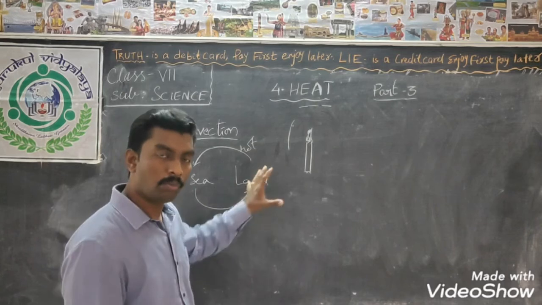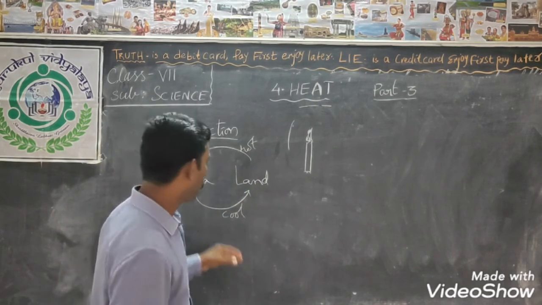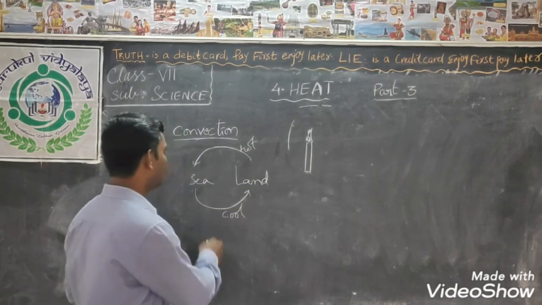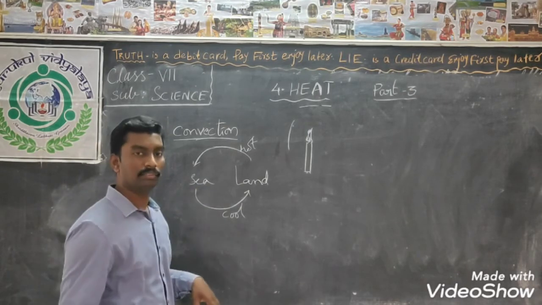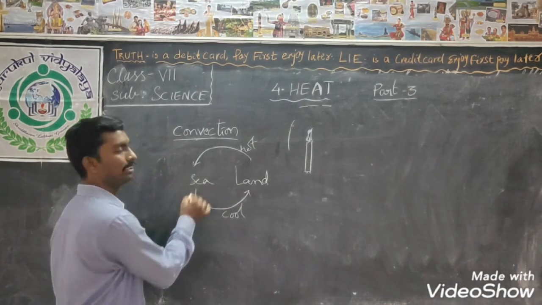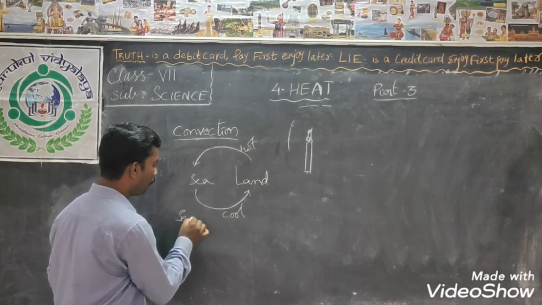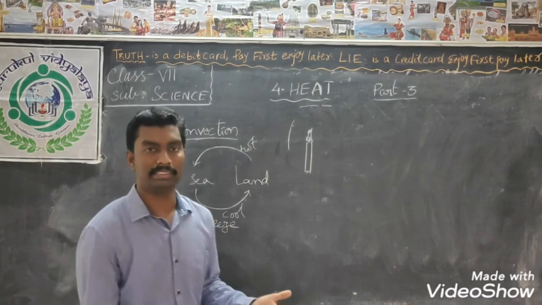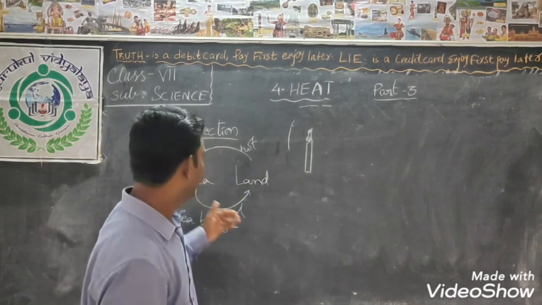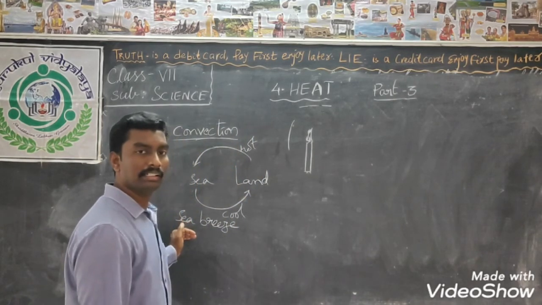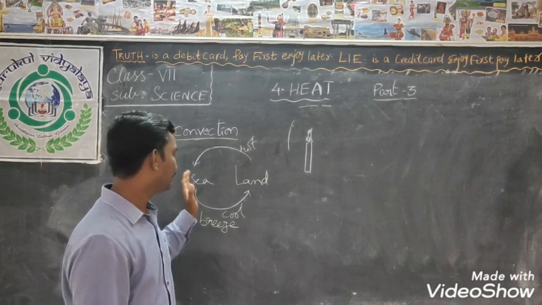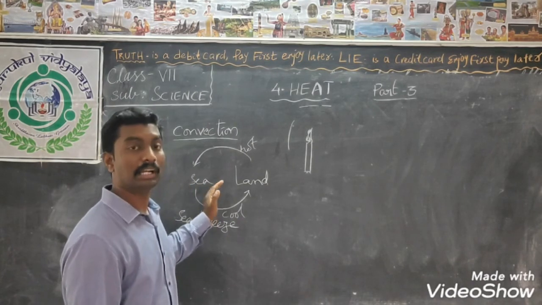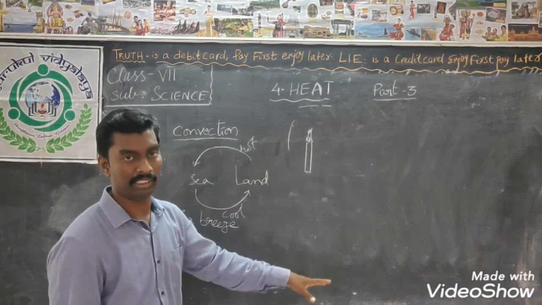Okay. So what we have to understand by this, the breeze which is coming from the sea is called sea breeze. Cool breeze. So in the daytime the sea breeze we will observe.